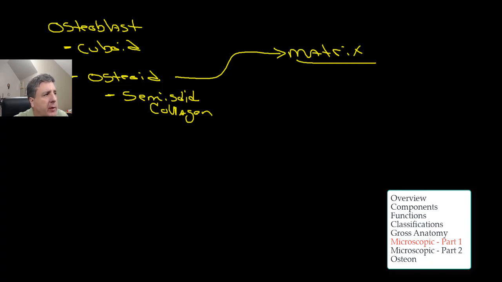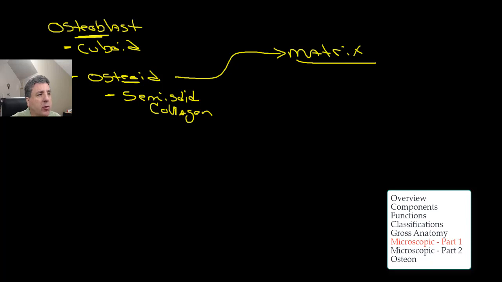So osteoblasts secrete osteoid. Osteoid becomes the matrix of the bone. So remember connective tissue. Connective tissue are cells that reside in an extracellular matrix. So the osteoblast is the cell, it secretes osteoid, which is the matrix.